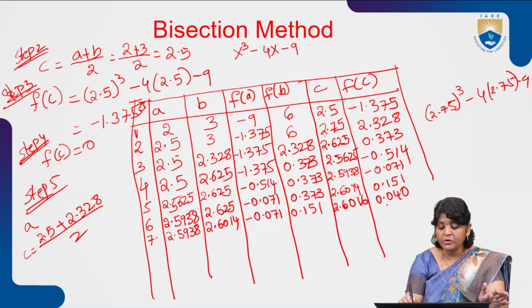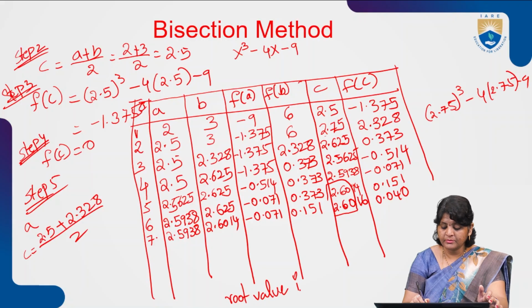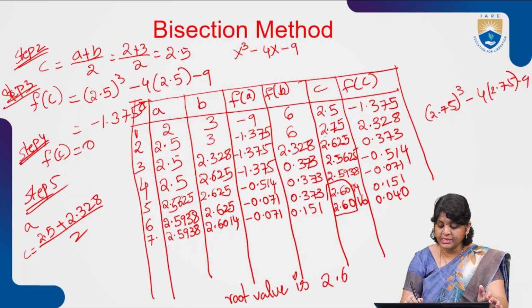So here it is not 0, it is approximately equal to 0. The function value is approximately equal to 0. And if my condition is that I need to check for 2 decimal places, then 2.60 is the root value. Since for 2 iterations the root value becomes the same, I can conclude that the root value is 2.60.